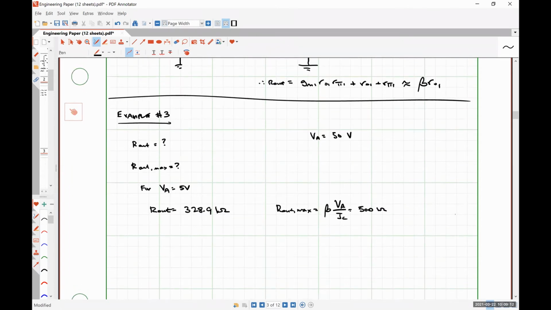For VA equal to 50 volts, R out comes out to be 4.753 mega ohms. So we have a real big boost in output impedance.